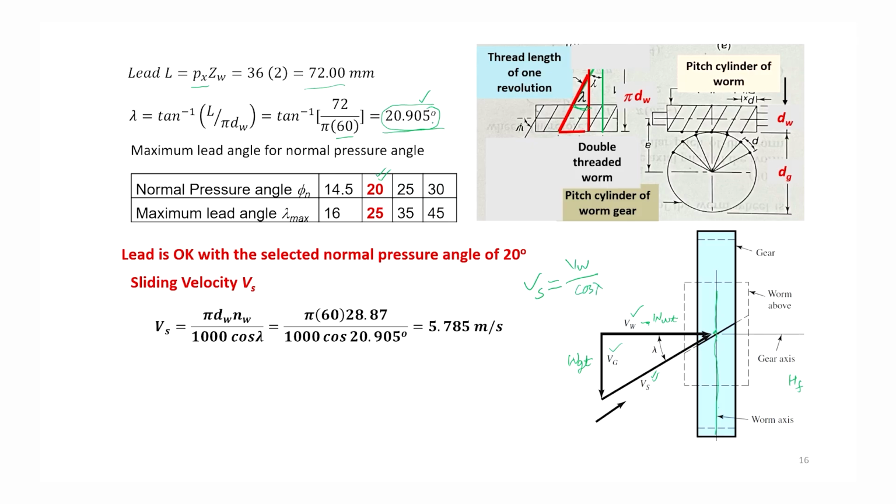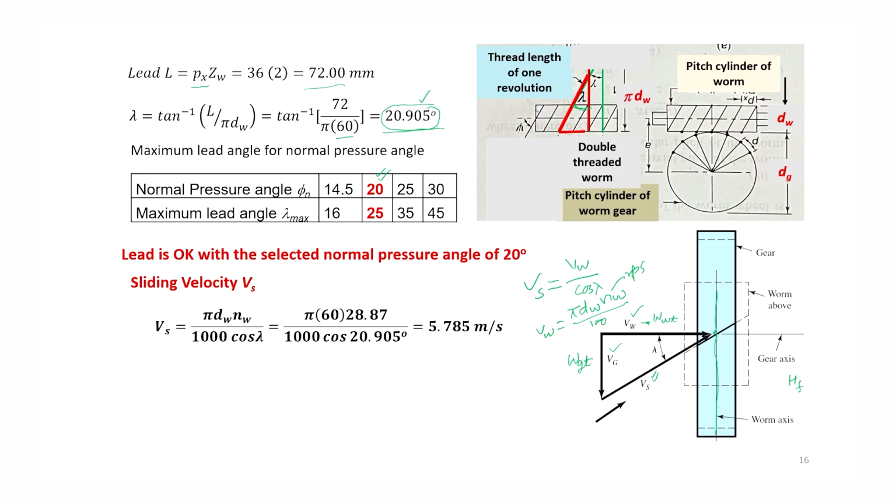Lambda we have calculated, and Vw is equal to pi dw nw divided by 1000, where nw is the revolution per second of the worm and dw is the pitch diameter of the worm in mm.